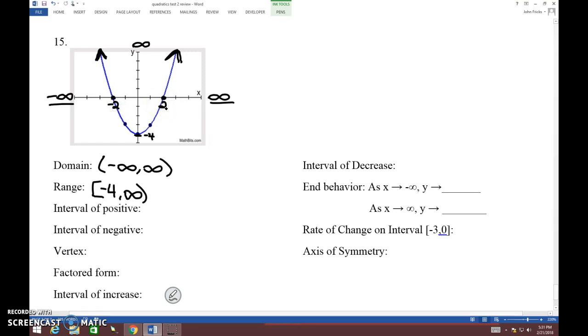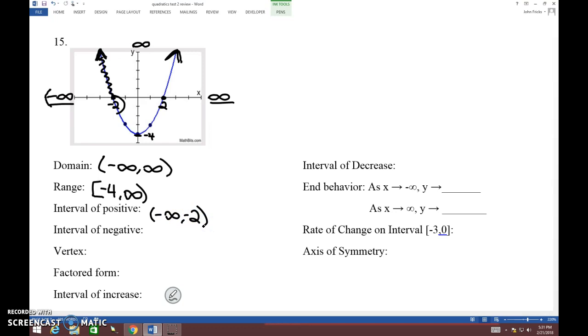So if I focus on negative infinity to negative 2, I notice that from this point to this point, the line is going to be above the x-axis. So that means that it's positive. So negative infinity to negative 2 is going to be above, or positive, on the interval.